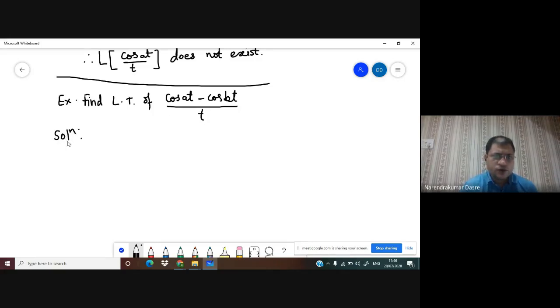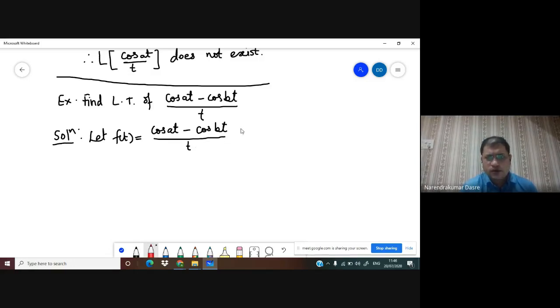So we go with the solution. Let f of t be equal to cos of at minus cos of bt upon t.